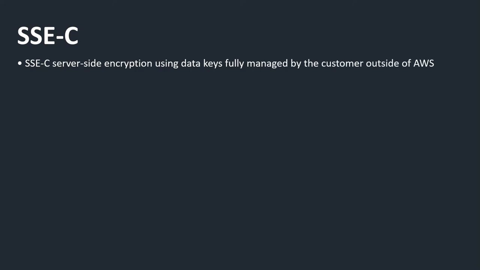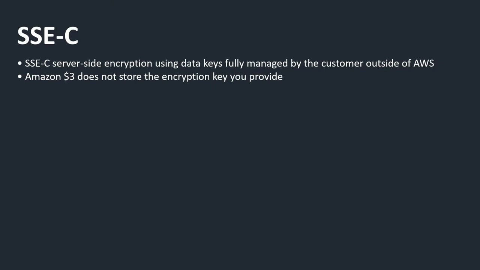Next, we have SSE-C, which stands for server-side encryption using keys that you provide yourself, outside of AWS. So in this case, Amazon S3 does not store the encryption key you provide. It will have to use it, because it needs to do the encryption, but then that key will be discarded.